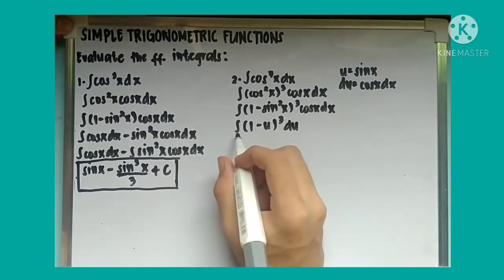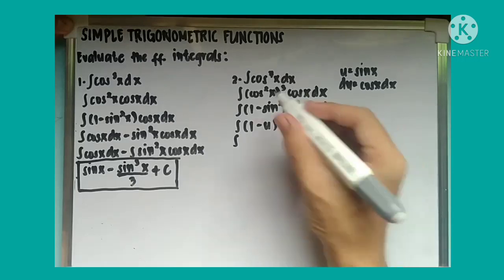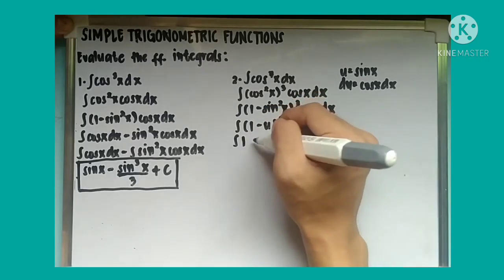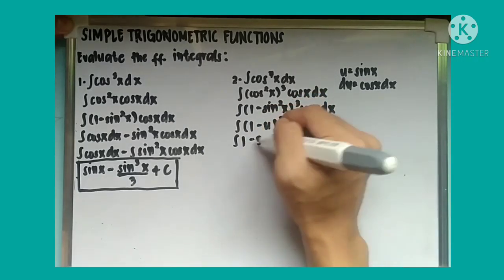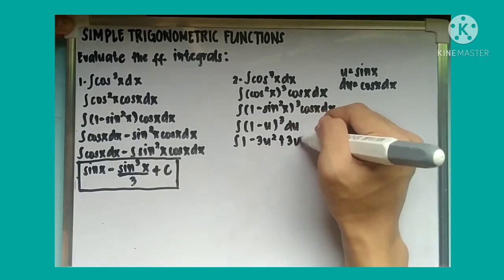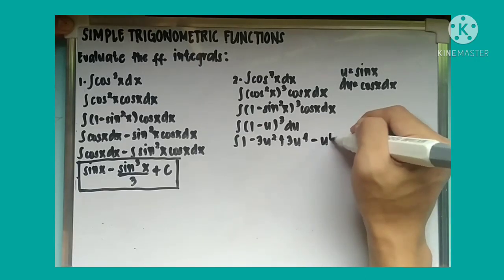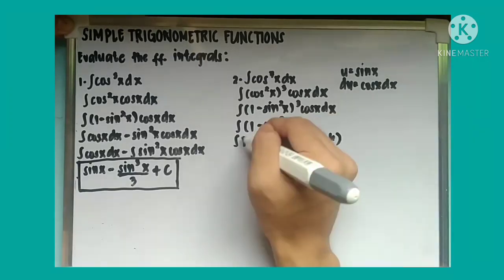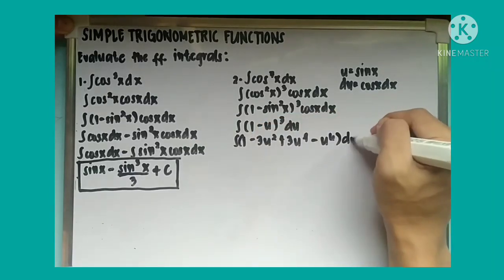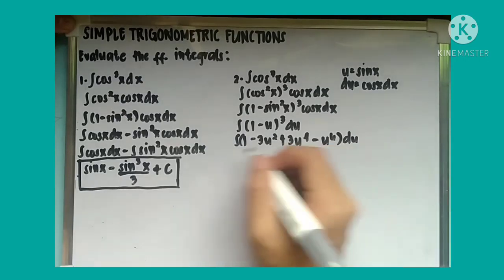And then simplify natin tong equation na to. So we have the integral of 1 minus 3 u squared plus 3 u raised to 4 minus u raised to 6 times du.